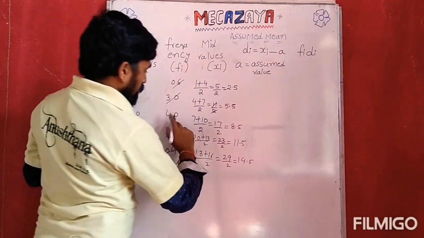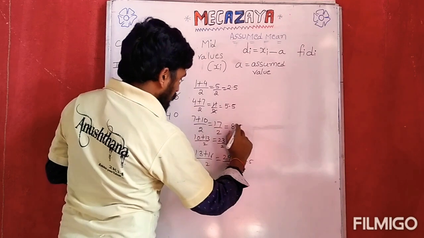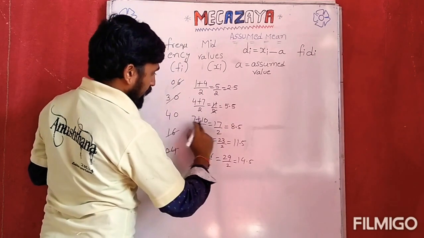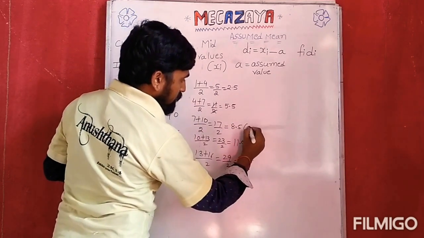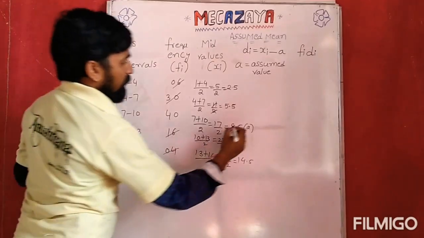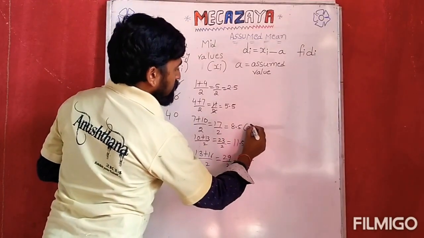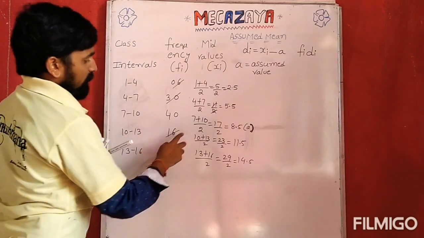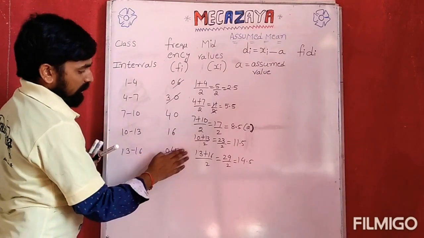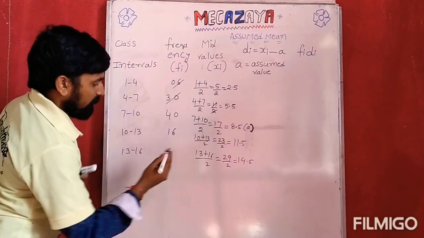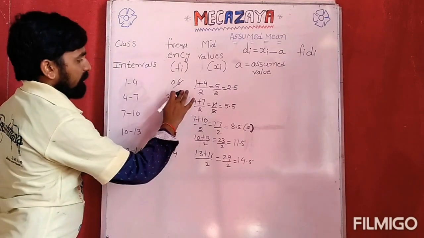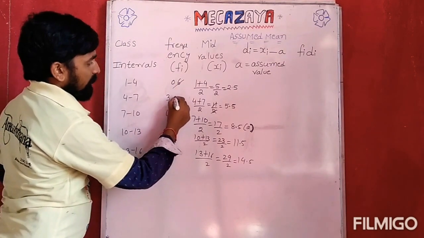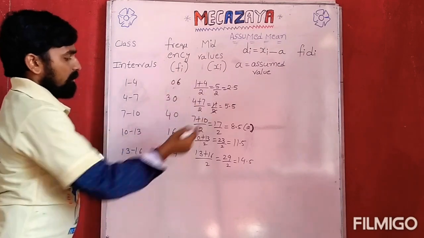So this can be chosen as the assumed mean a. You can choose anything else, but at least I am taking 8.5.